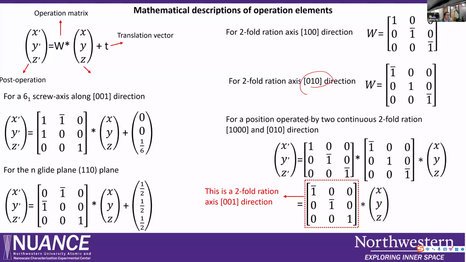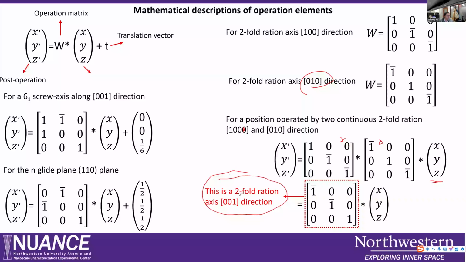If you apply a twofold rotation twice in succession on an original position, along different directions, you can multiply the matrices and you get this one.